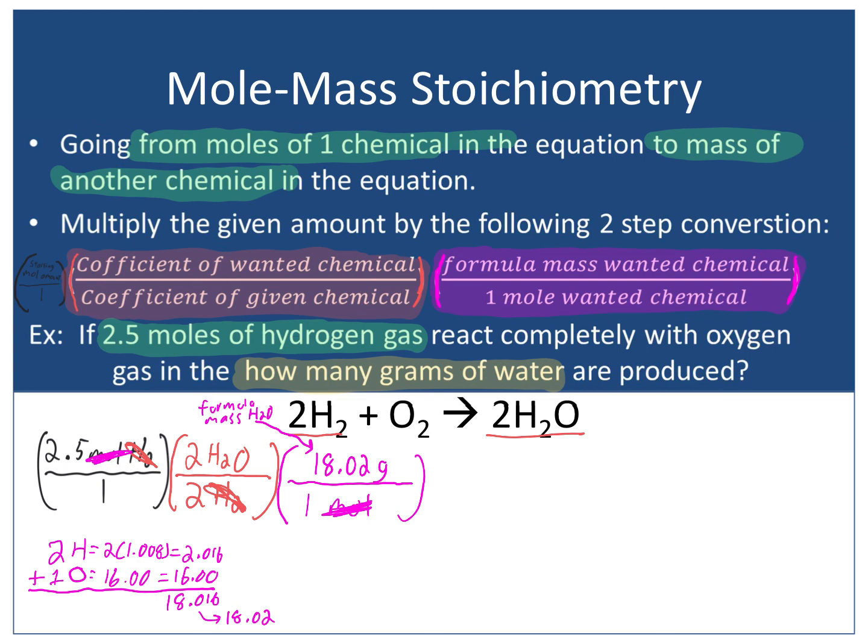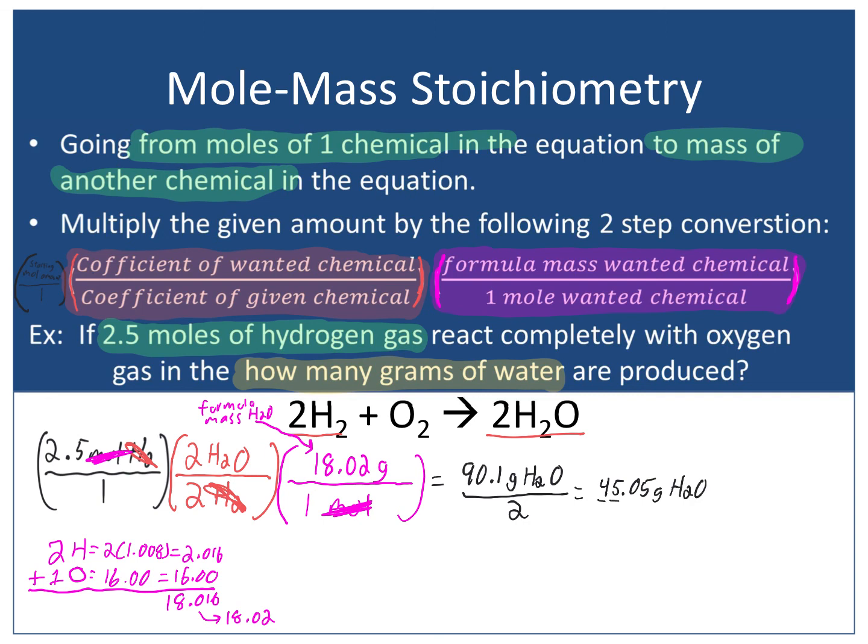So now it's math time. 2.5 times 2 times 18.02. This gives me 90.1 grams of H2O all over 2. 45.05 grams of H2O.